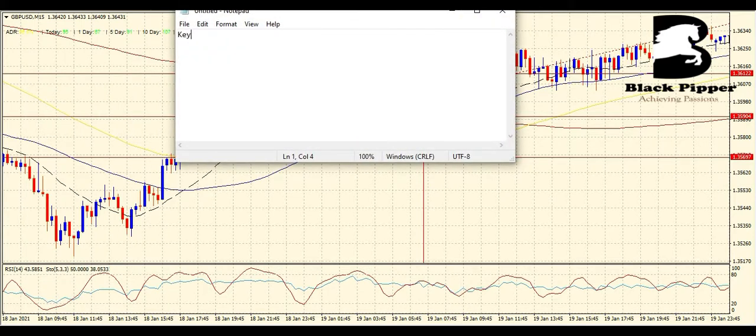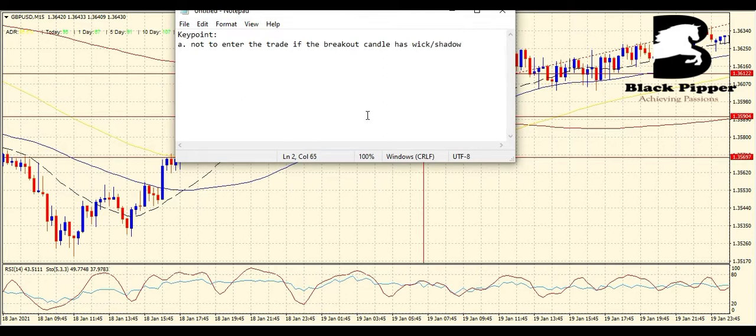The key point is not to enter the trade if the breakout candle has a wick or shadow.